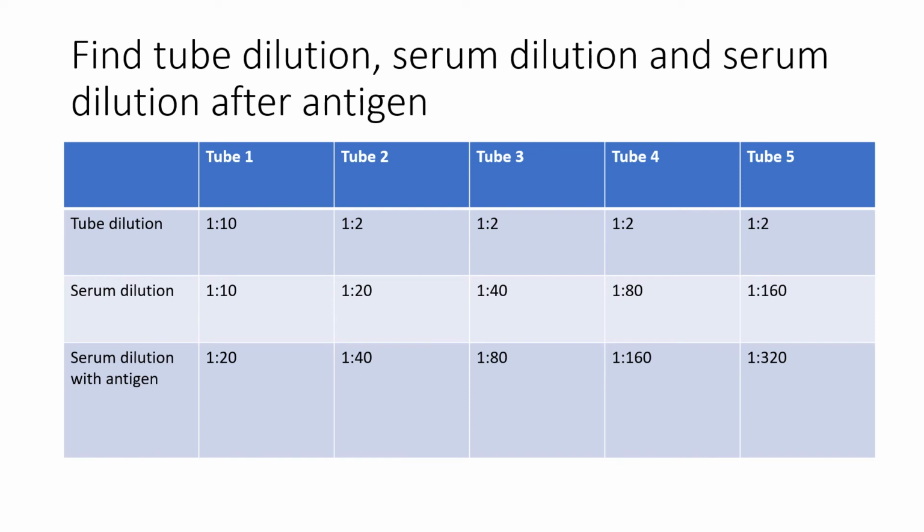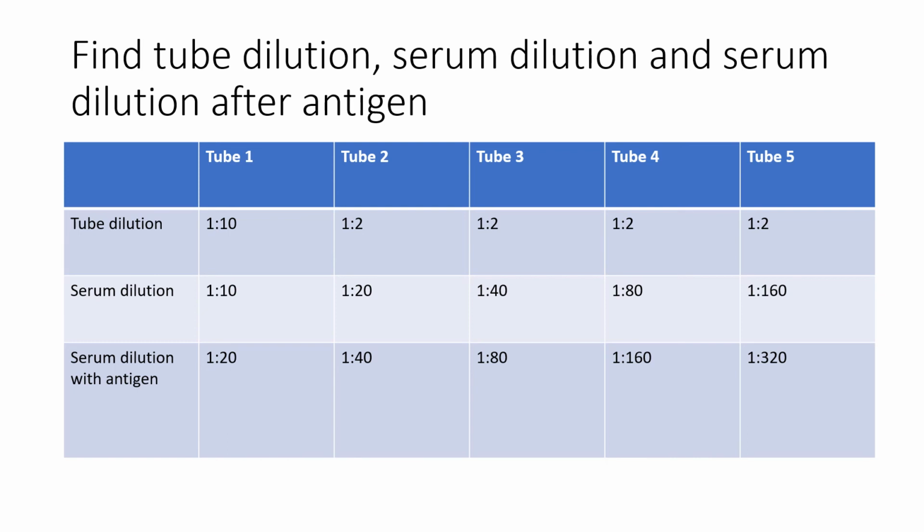If we transfer 0.5 from that first tube and move it over to tube 2, we essentially have the same volumes, because we started with 0.5 of saline and now we're adding 0.5 of our original tube serum. So that tube dilution is 1-to-2. Every tube is going to be 1-to-2 from here on out because we're transferring 0.5 into tubes that already have 0.5 of saline.